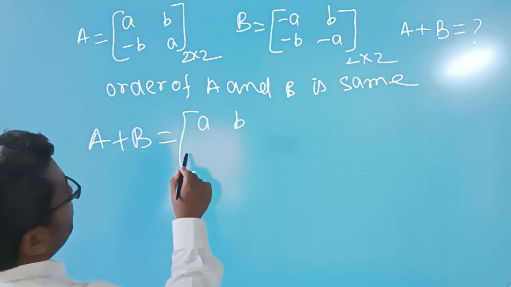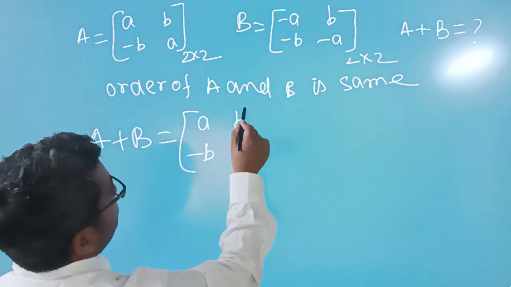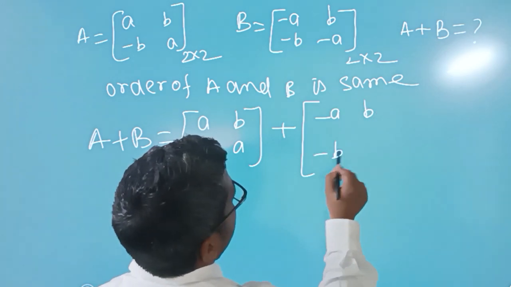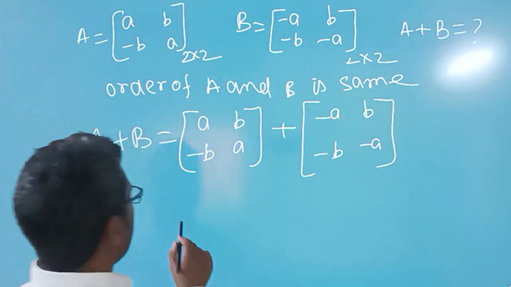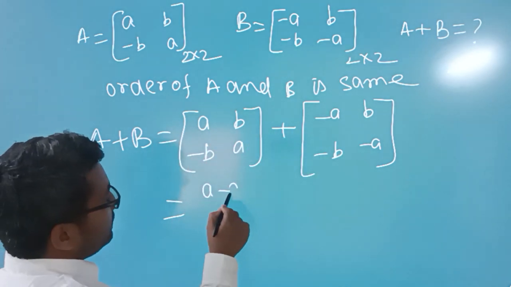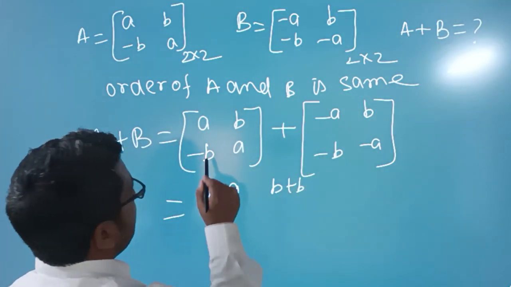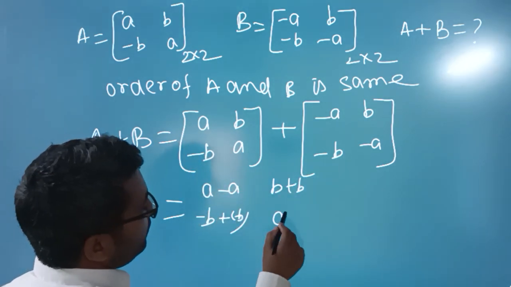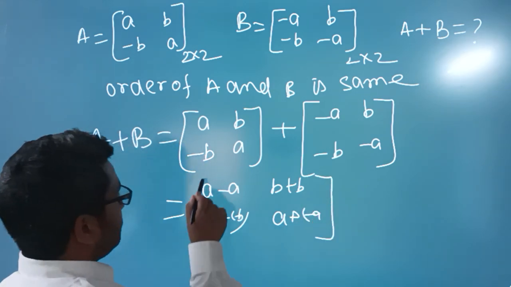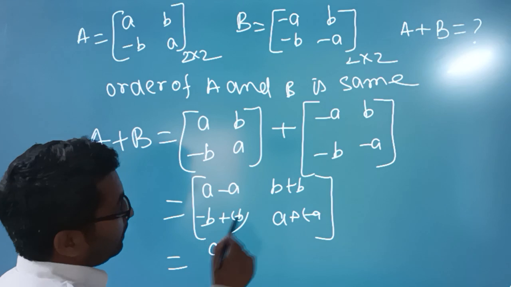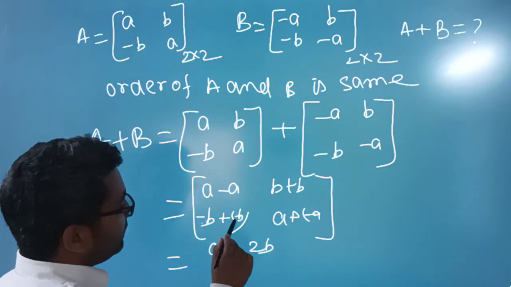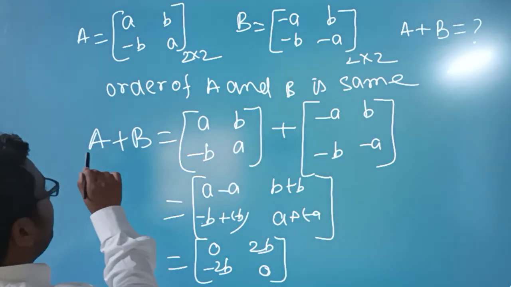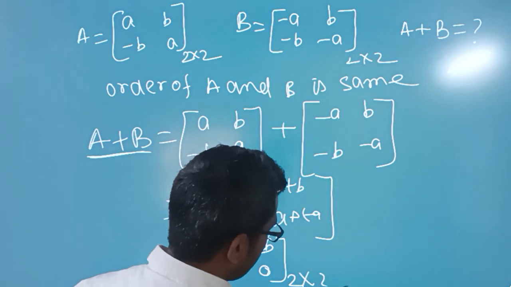A, B, minus B, A, minus A, minus B. We can find the values: A plus minus A is 0, B plus B is 2B, minus B minus B is minus 2B, and A minus A is 0.